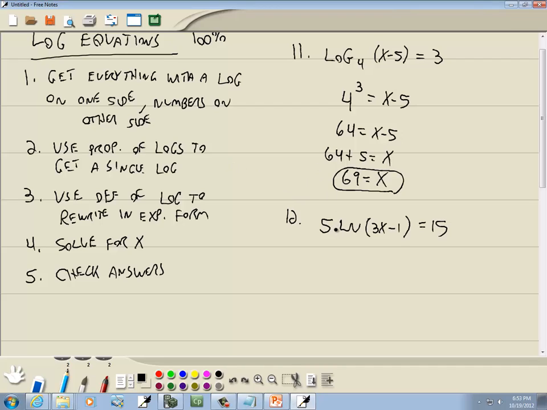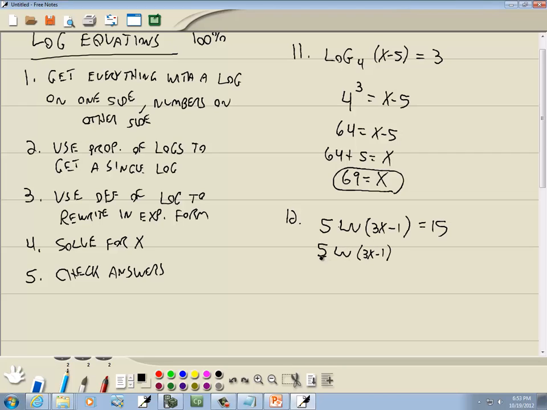Sometimes you can use basic math to get it by itself. Because if I use properties of logs, basically I'd take this 5 here and I'd put it as my power, because we're trying to get a single log. We don't want any numbers in front of it. But if I put that as my power, I'm going to end up with x to the fifth, which is a horrible problem to work. Well, there's an easier way to get the log by itself in this particular problem. We'll just divide both sides by 5.